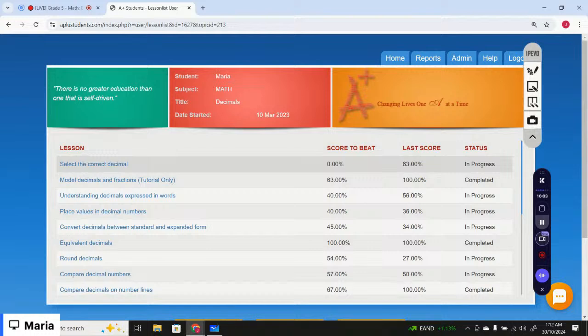The next lesson is understanding decimals expressed in words. Let's just start with the lesson.